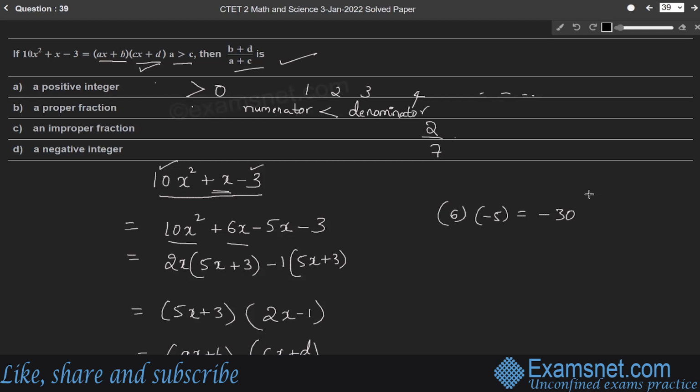So, in the given answer 2 by 7, numerator is less than denominator. Therefore, the answer is a proper fraction. That is option B. When it comes to option C, an improper fraction is where numerator is greater than denominator. Right? A negative integer is always less than 0. Therefore, the answer is a proper fraction.